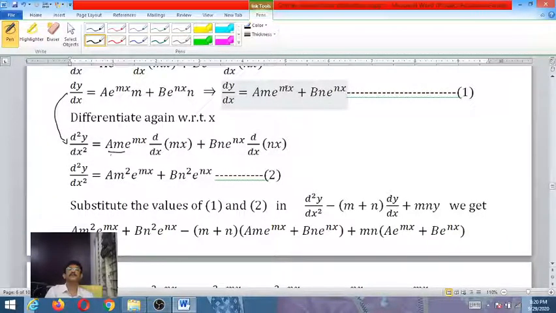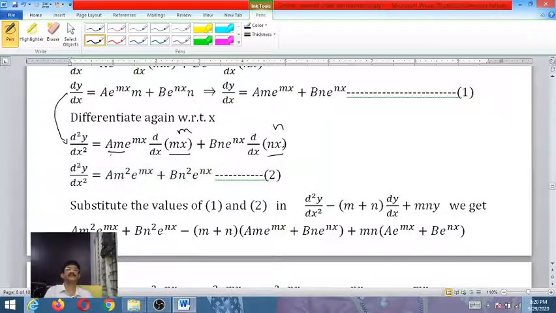Derivative of e power mx is, again mx is u, e power mx into derivative of mx. bn is a constant, e power nx derivative is e power nx into derivative of nx. Again mx derivative is m.